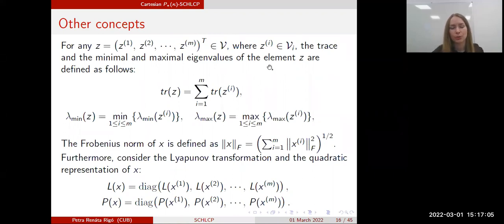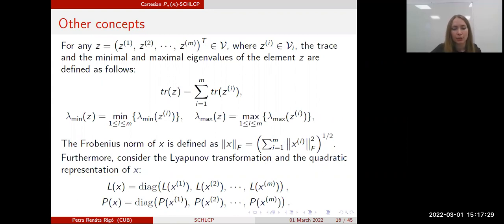And for any element from this Cartesian product space where i is an element of Euclidean Jordan algebra Vi, we can define the trace and the minimal and maximal eigenvalues of the element C in the following form. Similarly, the Frobenius norm is defined in this way, where the xi are elements of the Euclidean Jordan algebras Vi.